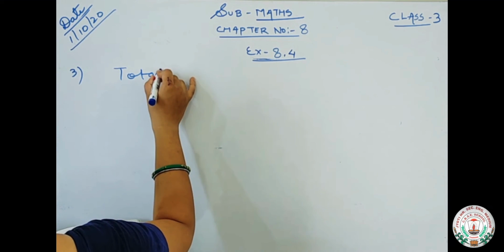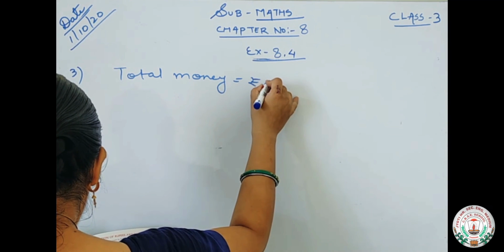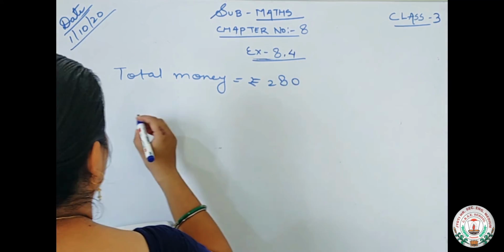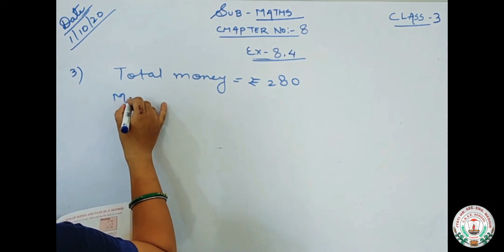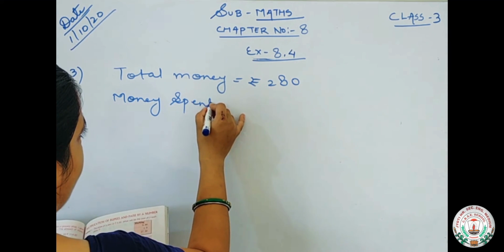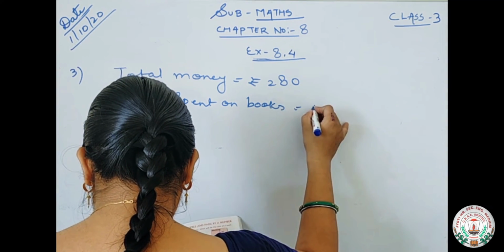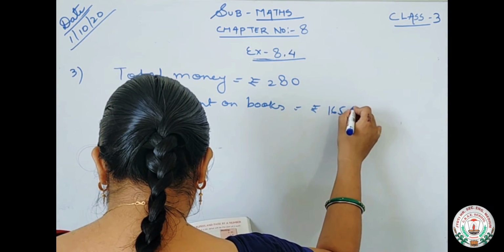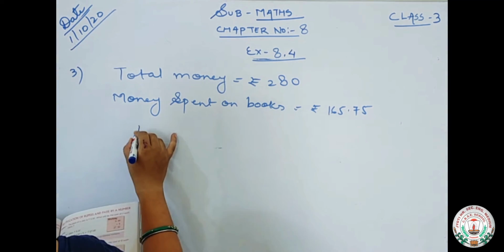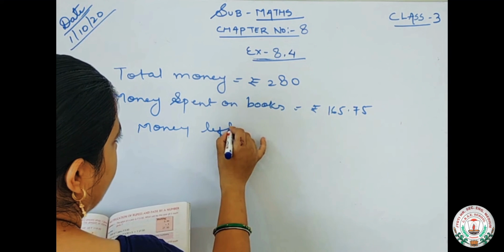Total money is equal to rupees 280. Money spent on books is rupees 165.75. So what do you have to find out? Money left. How will we find it? We will just subtract and find.